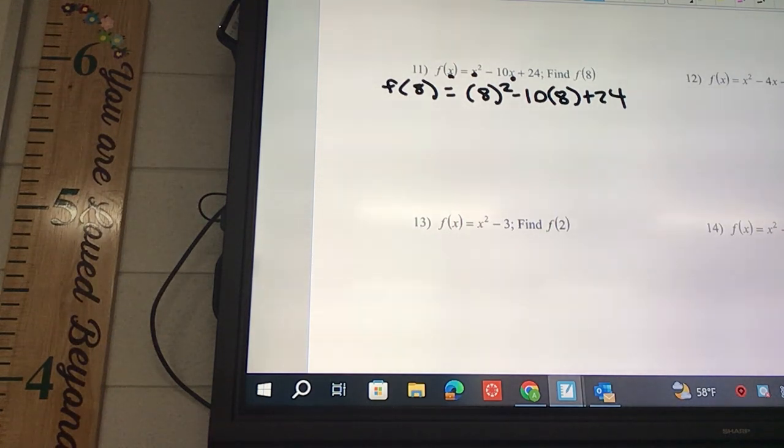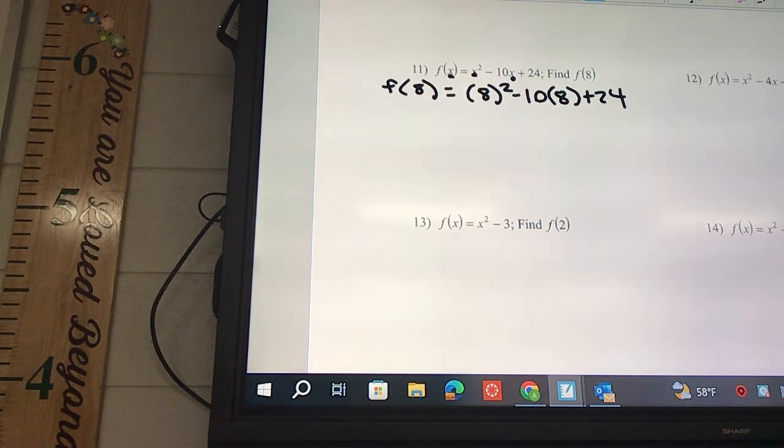Okay, so on your calculator, this is what you're going to type. Type in parenthesis 8, close parenthesis, and at the very top, maybe like second row, there's an x squared button.